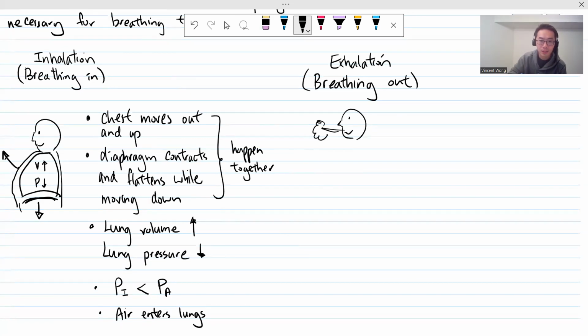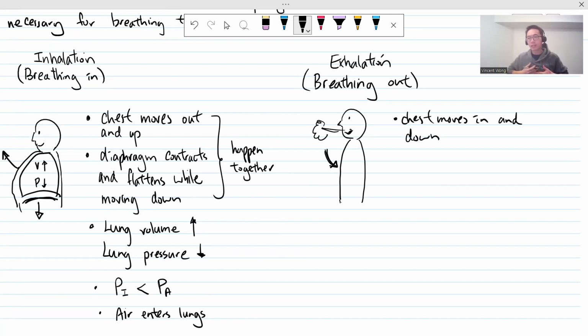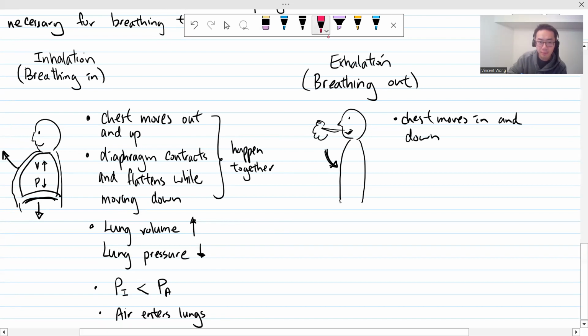So now, again, this is an exaggeration. The chest is gonna move in and down. Compressing your lungs now, right? And your diaphragm is gonna move up as well.